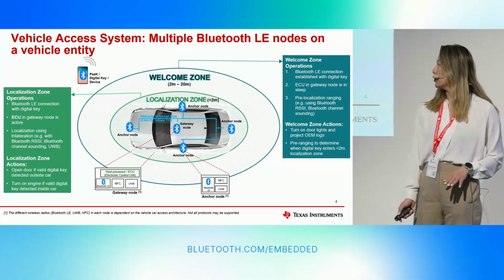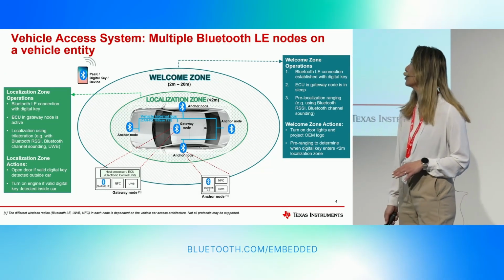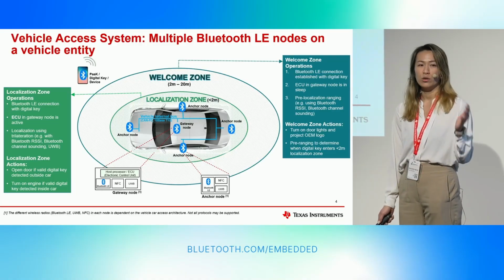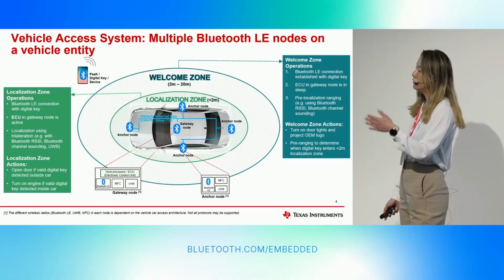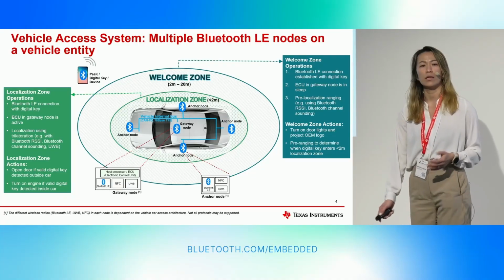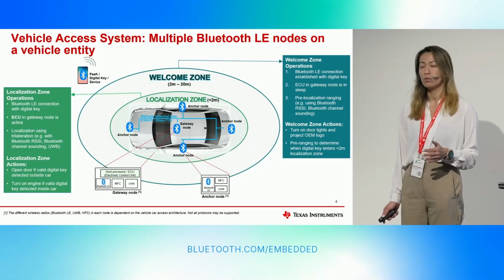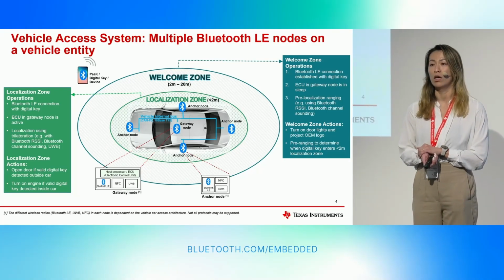Then the next thing is when you go closer and closer, you go to a zone called the localization zone. You're still in connection, and you don't need to do anything about it. The gateway will be active. At that point, you want to make sure you get a precise distance resolution when you enter the localization zone, because you need to know whether to unlock the car or not.